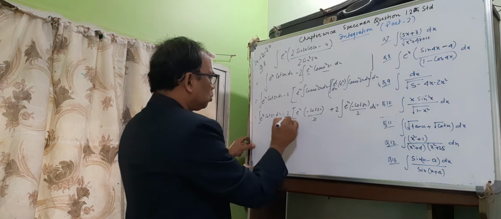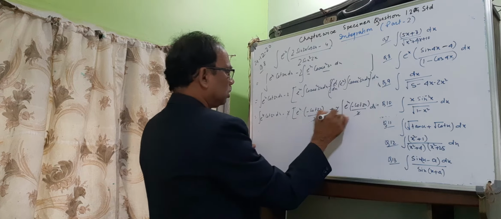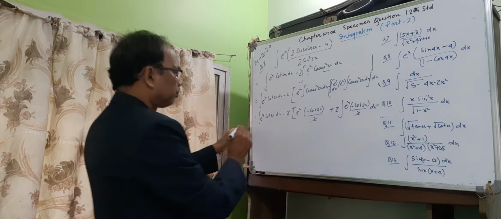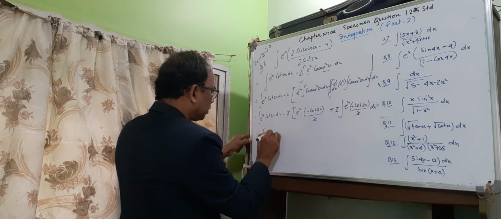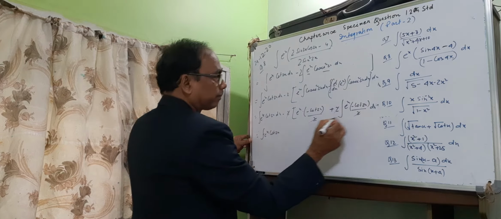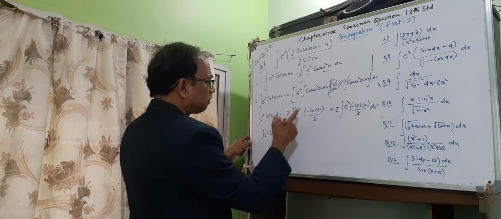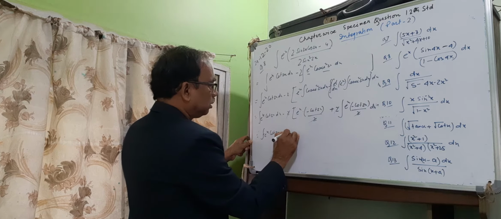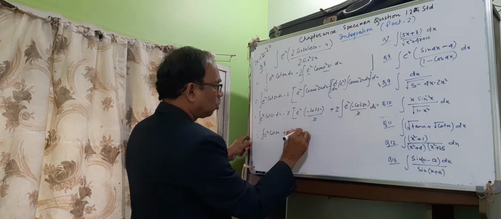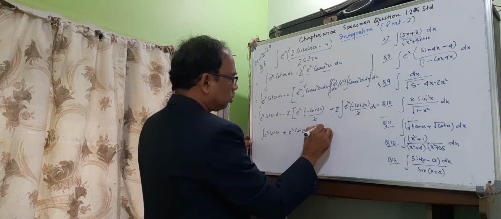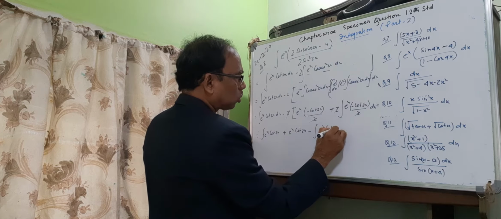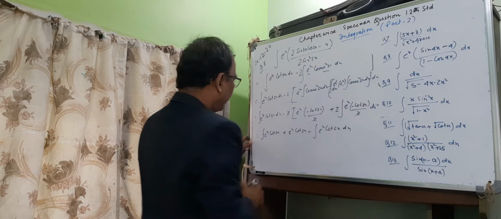Now these two cancel, these two cancel. Now we get integration e to the power x cot 2x, minus e to the power x cot 2x, plus e to the power x cot 2x dx.